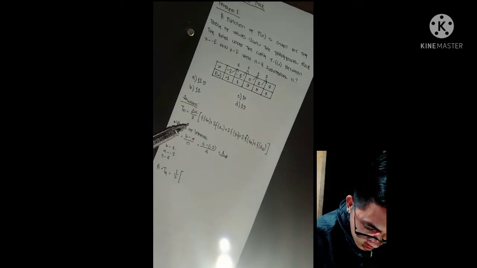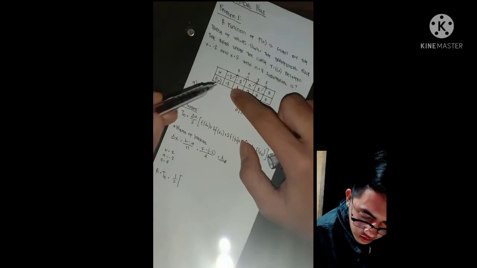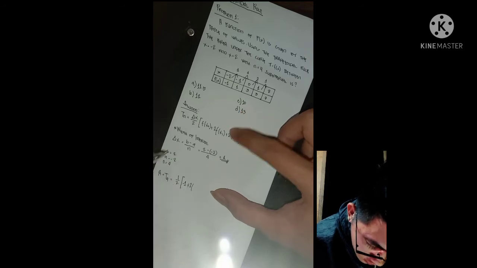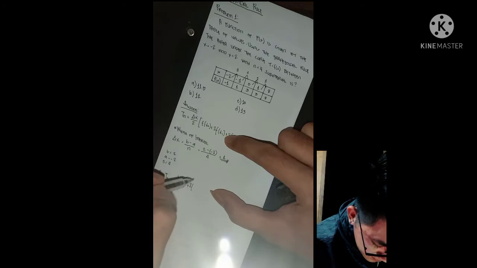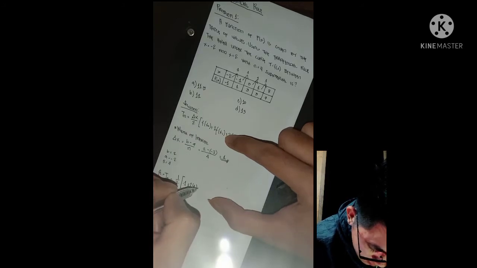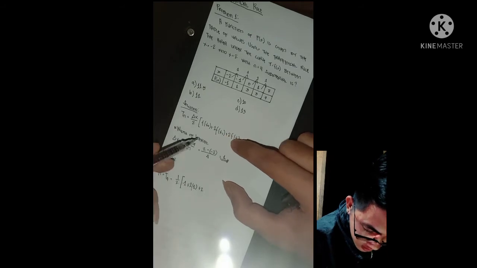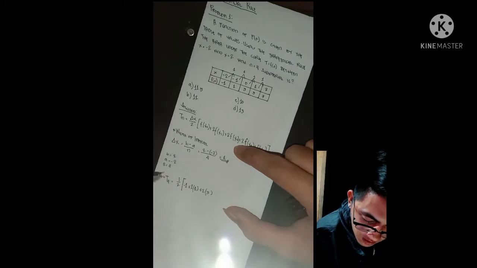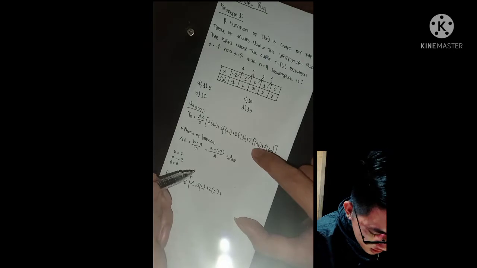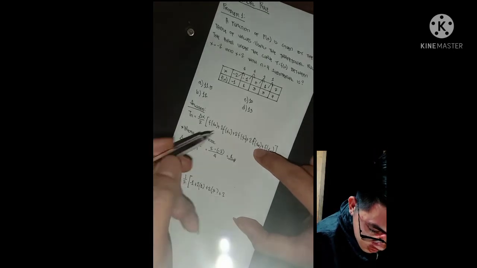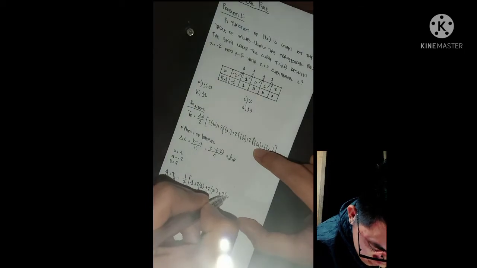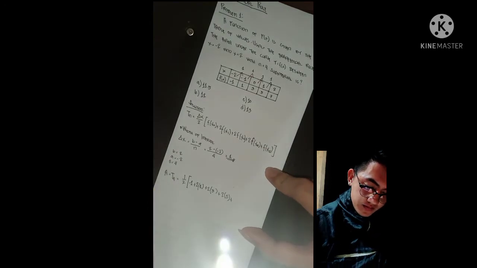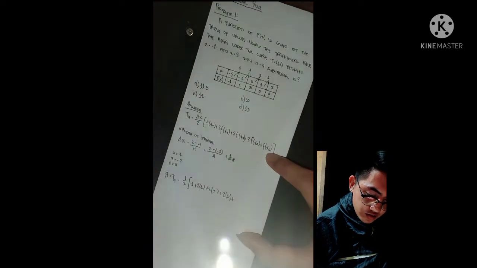Our function of 0 is equal to -1, plus 2 times the function of x1, which is 1, plus 2 times the function of x2, which is 3, plus 2 times the function of x3, which is 5, plus the function of x4, which is equal to 7.